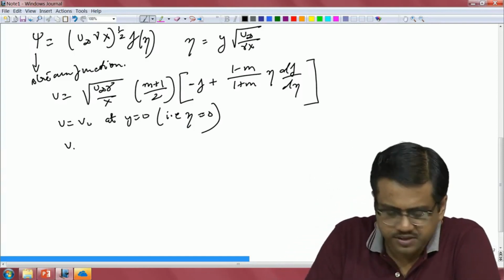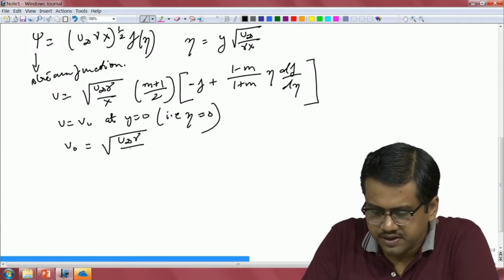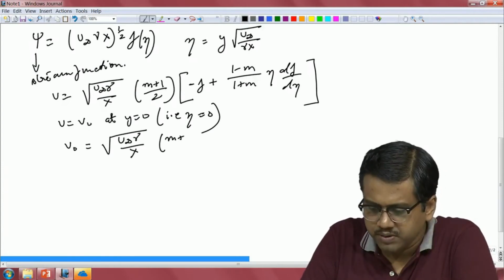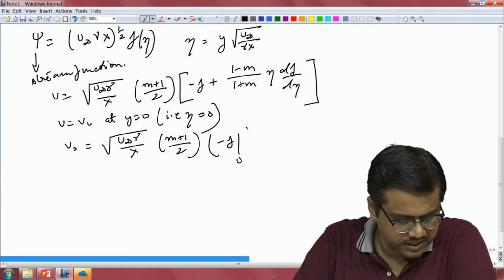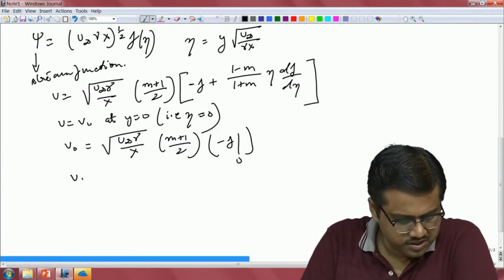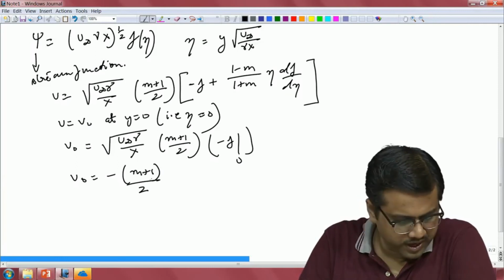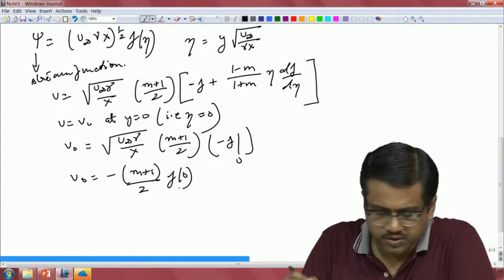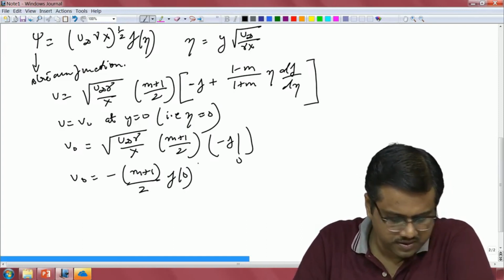So v naught will be given by u infinity gamma x into (m plus 1 by 2) minus f evaluated at 0, that means f naught.